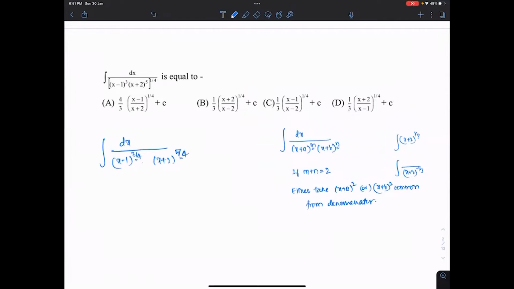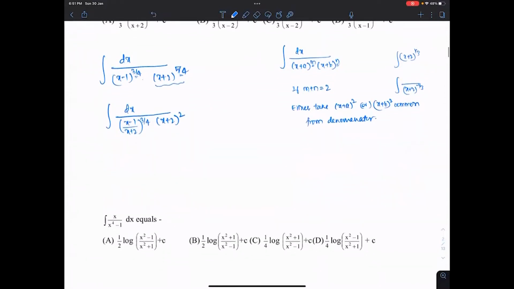So then take any one, let us take x plus 2 whole square common from the denominator. Already 5 by 4 is there, so how much more do I have to take common? 3 by 4. So it will become x minus 1 by x plus 2 power 3 by 4, like this.